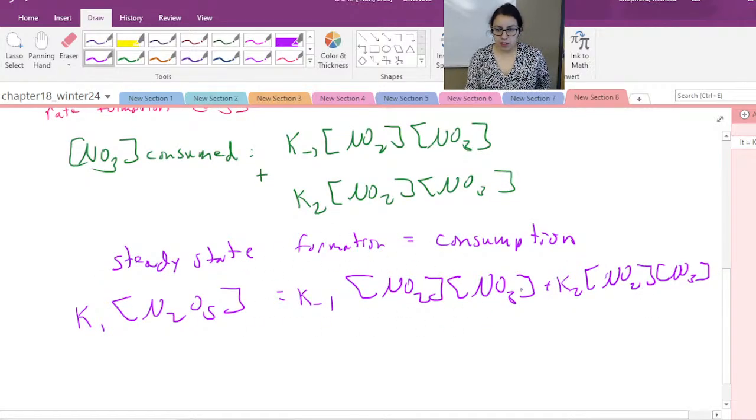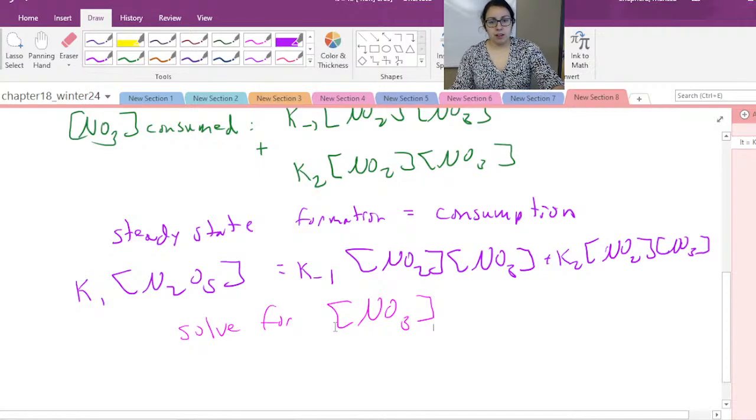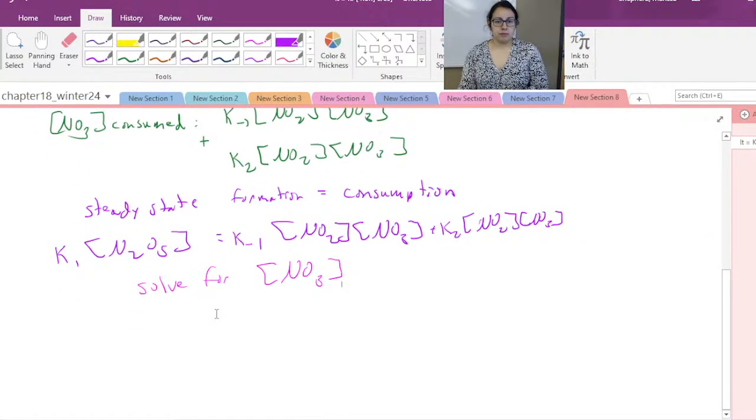Once you get to here, we can solve for NO3 and put it in terms of everything else. From there, everything should fall into place. So, solve for NO3. Just a bit of algebra.